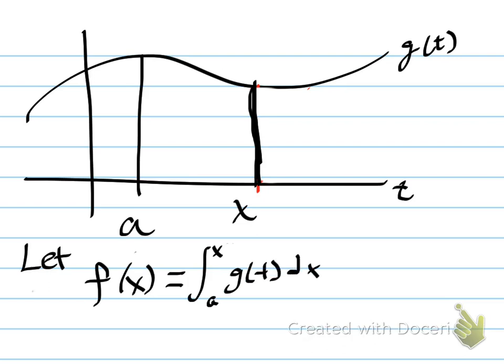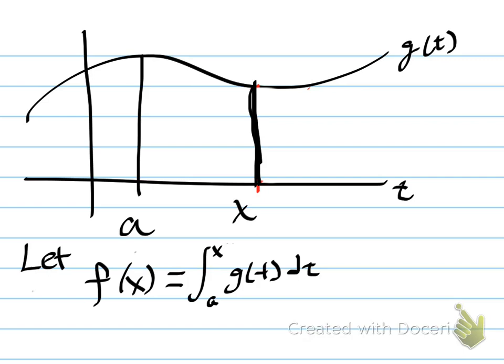So as I was illustrating earlier, if I made x bigger, f of x would grow to be a bigger area, and if I made x smaller, f of x would shrink to give a smaller area. Oops, this should actually be dt.